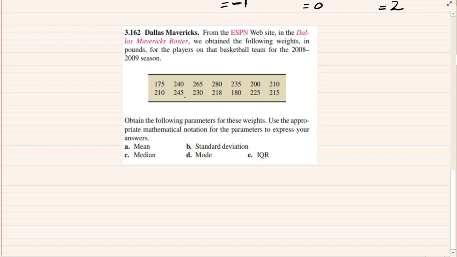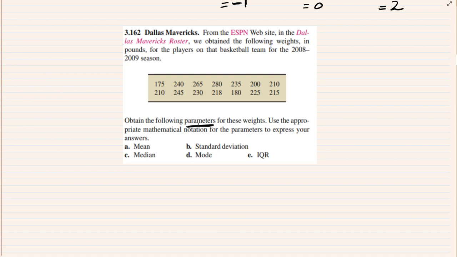Now, the question reads, obtain the following parameters. Notice that we're going to treat this as a population, because since this is the 2009 players, there's only 14, so that is a population. They're not a sample for the year 2009 of Dallas Maverick players. This is the population of those players in that 2009 season.